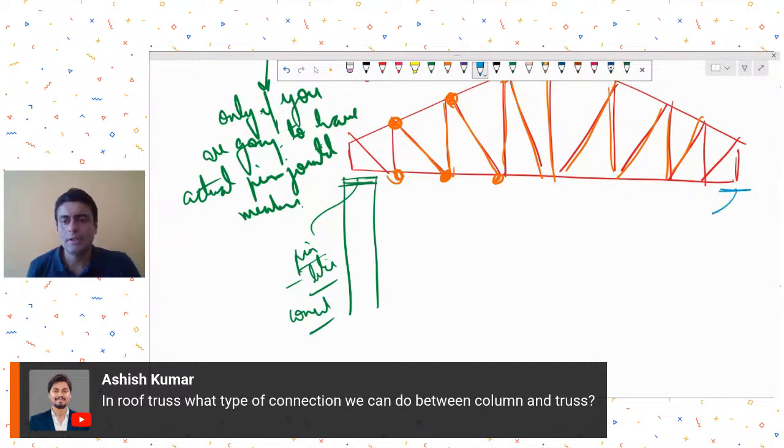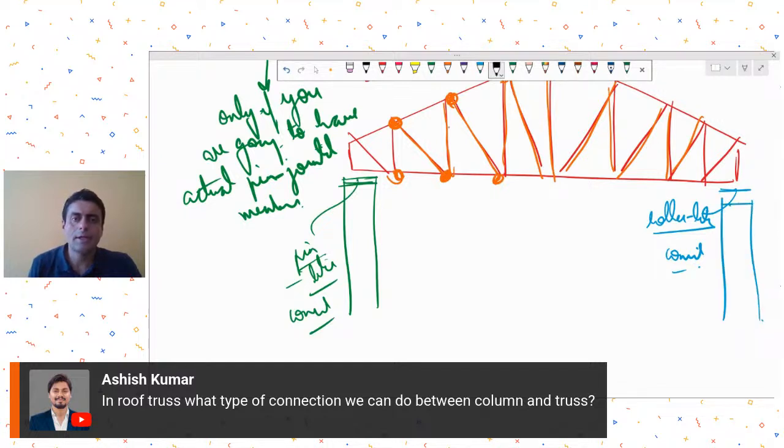On the other side, you could have a roller-like connection. If you are going to have roller-like connection on one side and pin-like connection on the other side, always remember to add plan bracings.